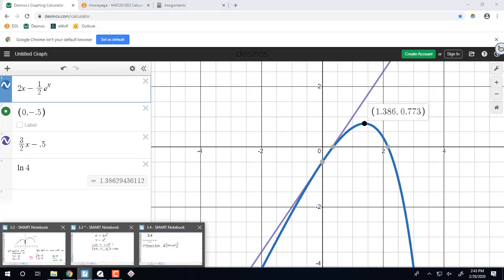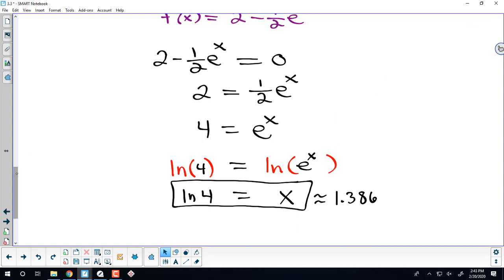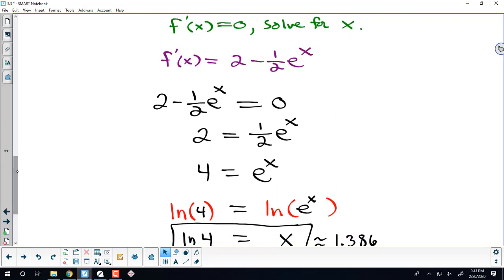Any questions on that? Can you scroll up just a little bit? Sure. So for equations of tangent lines, you have to find the derivative and then plug the x value in. That's your slope. Where your tangent line is horizontal, you have to set your derivative equal to 0 and solve that equation.